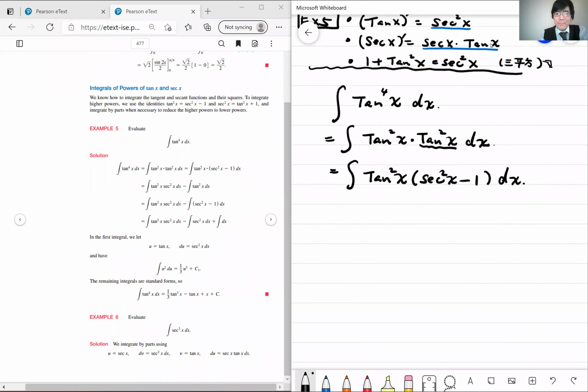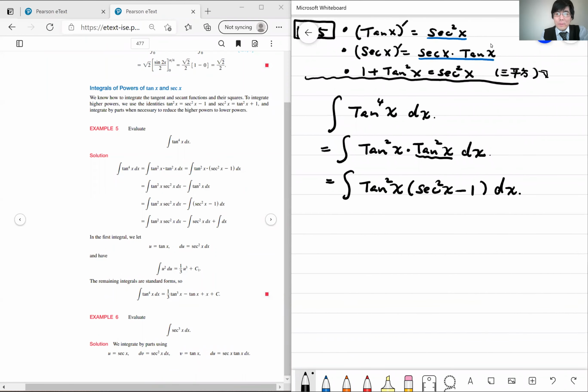After expanding this, you will get tangent square x secant square x minus tangent square x dx.